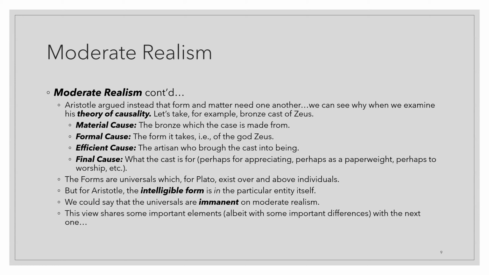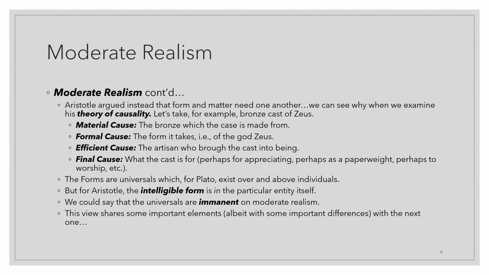And then we have the final cause, and that's what the cast is for, its purpose, or its telos in ancient Greek. This cast might be for appreciating, maybe it's a work of art. Maybe it's meant to serve as a paperweight. Maybe it's meant to be an object of worship. But whatever its purpose is, that's the final cause.